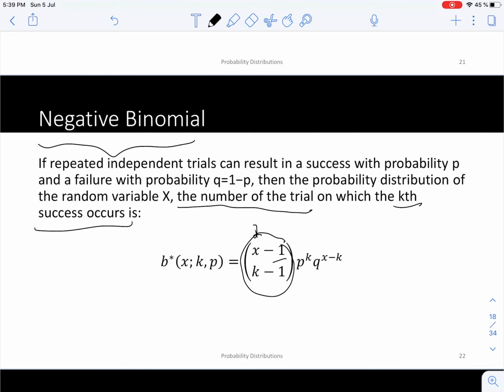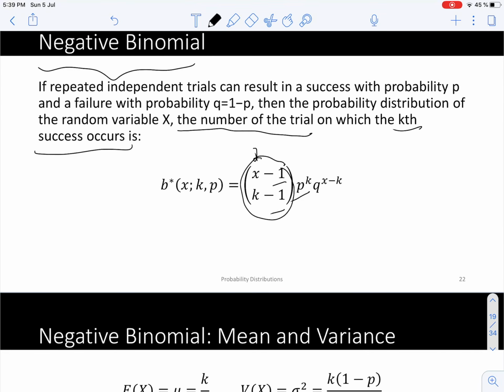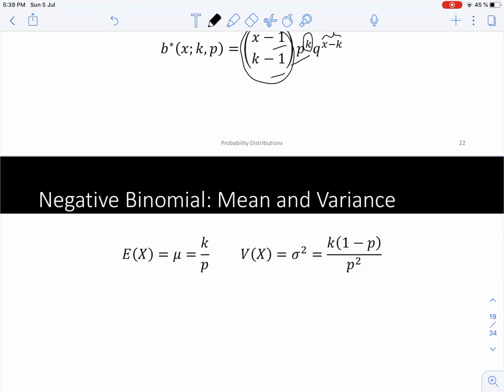That's why we have the minus 1 here, because in the last trial we will get the kth success. And of course p to the power of k, that's the number of successes, right? And x minus k refers to the fails. So the expected value is k over p, and for the variance, we are given an equation in terms of k and p. Remember, k is the number of successes, p the probability of success.